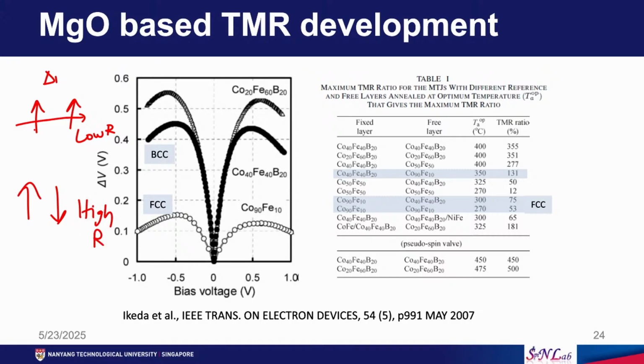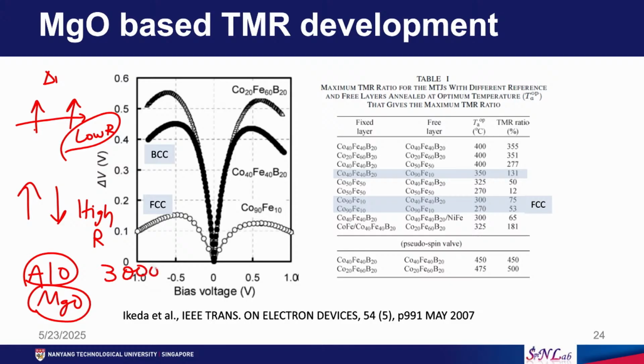And the key difference between the aluminum oxide and magnesium oxide is that this low resistance of the magnesium oxide is actually much lower than aluminum oxide. Okay. Let us say in magnesium oxide you have like 3000 ohms versus 1000 ohms. In the case of aluminum oxide, you will go from 3000 ohms to probably like 2200 ohms, something like this.